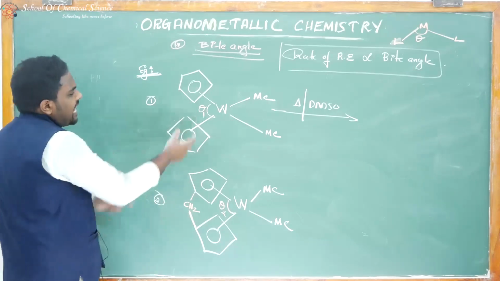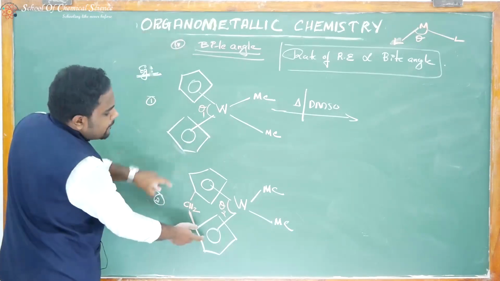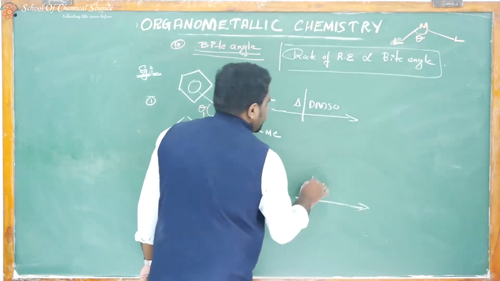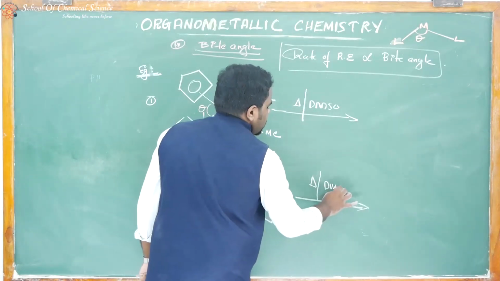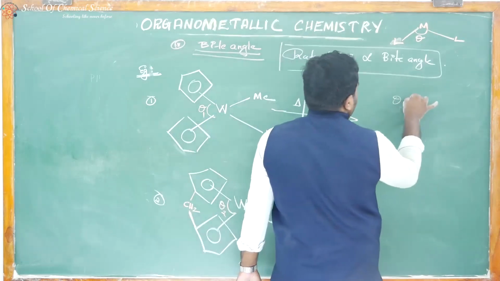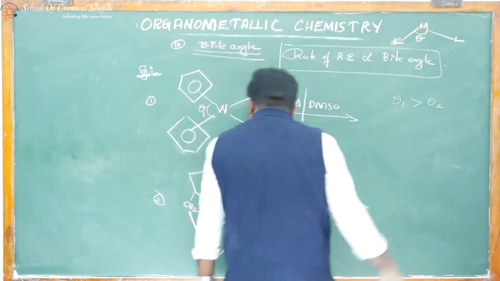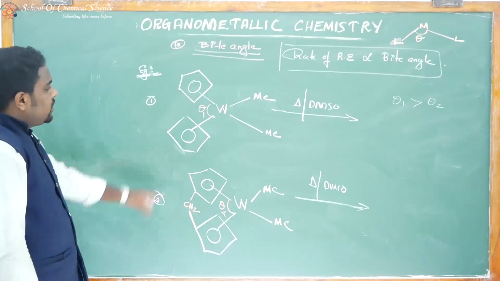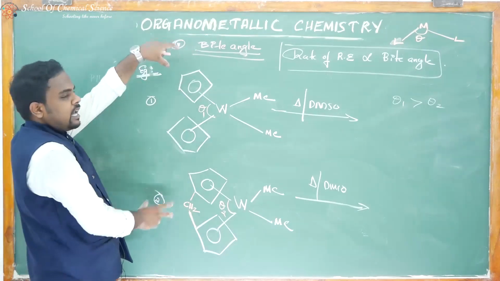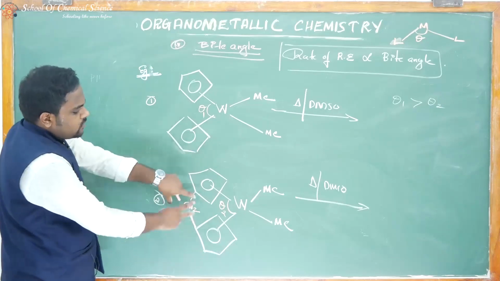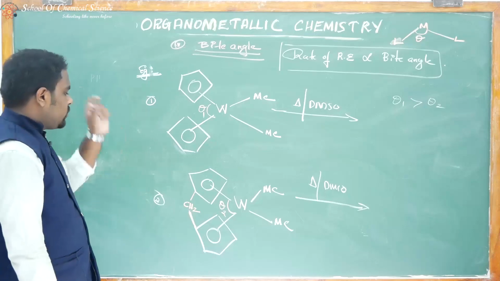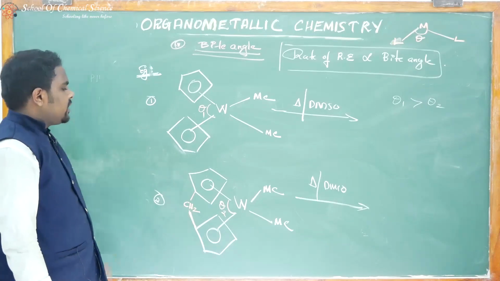So definitely this angle will be larger compared to this one. So you can say that theta 1 is greater than theta 2. Why? Here the two Cp rings are largely separated, but here they are joined by a CH2 bridge. So definitely theta 1 is greater than theta 2.